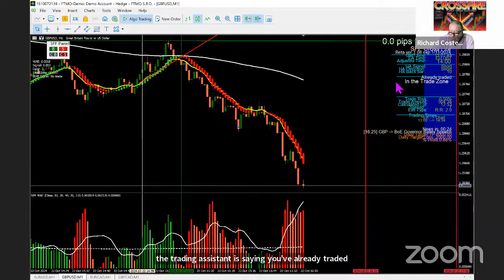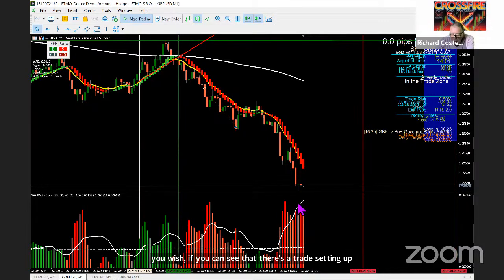There is a way that you can overcome that, if you wish. If you can see that there's a trade setting up, for instance, if this Waddah Attah had the histogram bars above the explosion line, I might think about getting in for a sell because I'm below the red trend line. I've got a recent wave change.